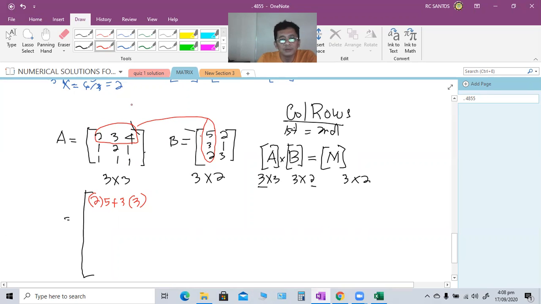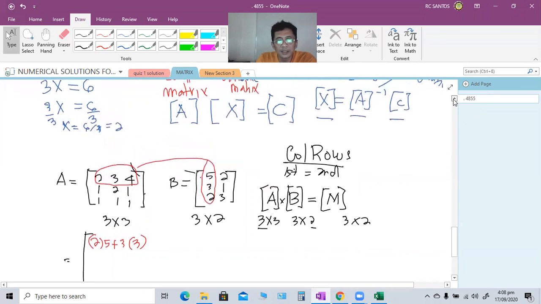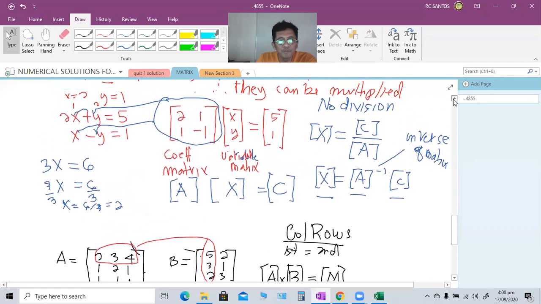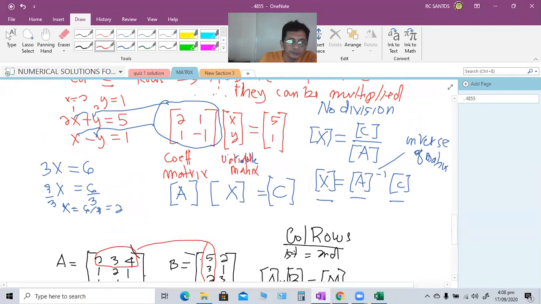Kasi ganito yun yung kanina. You are going to analyze this one. Ito. Diba? Itong dalawa, yung coefficient, dapat partner niya yung x and y. So, dapat ito yung column mo. Ito yung number mo rin. X and y.